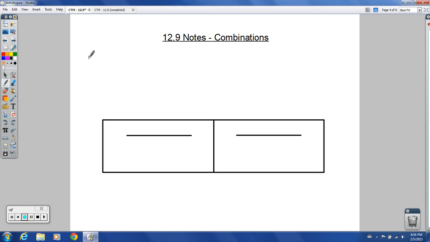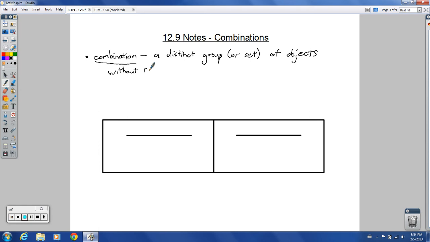So let's start off with the definition of combination. What is a combination, and how is it different than a permutation? A combination is a distinct group or set of objects, and here's the key part here: without regard to their arrangement.